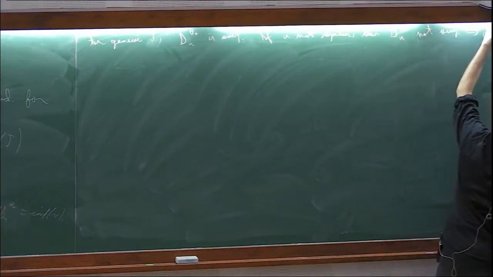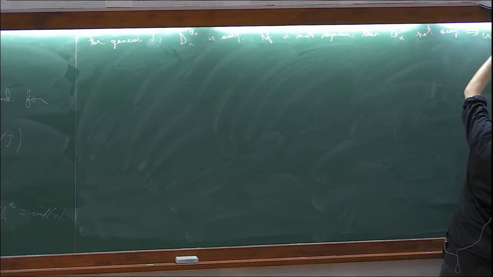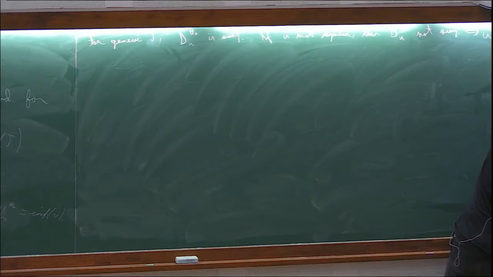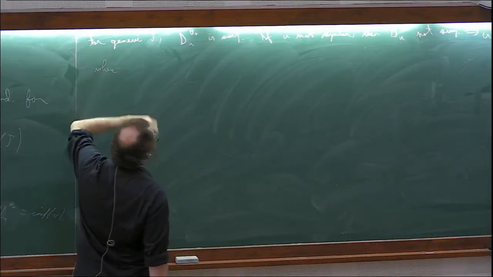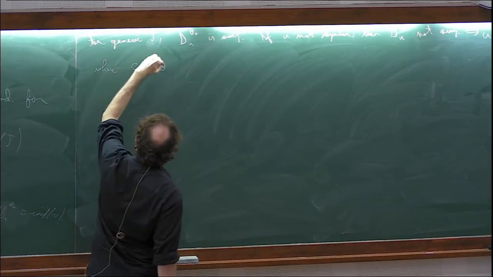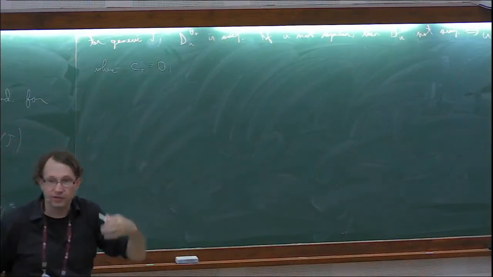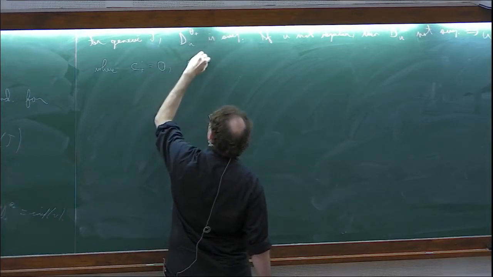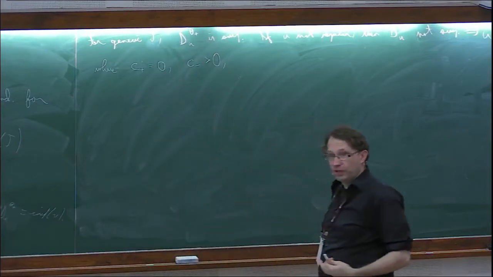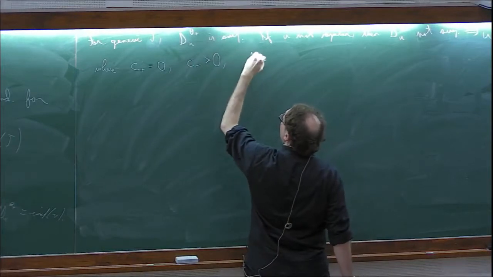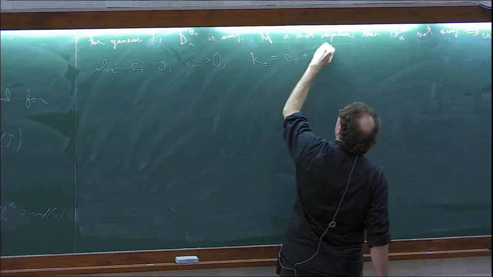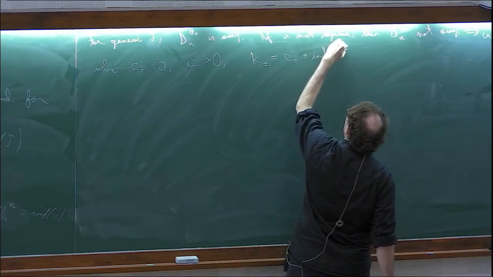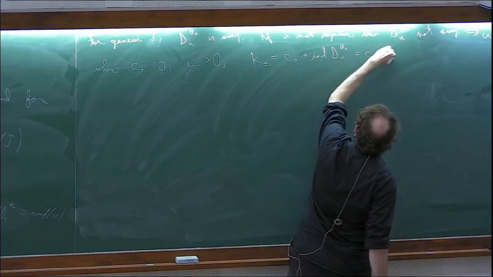So u belongs to one of these constrained moduli spaces where, I can assume C plus, of course, equals 0, because the plus part is surjective. C minus is some positive number. And the k's are related to those by the indices of the two operators. K plus minus is C plus minus plus the index of the operator D_u theta plus minus. In other words, both of those are index of v.